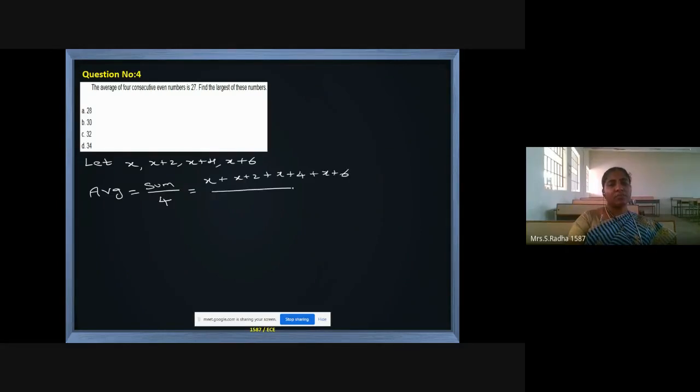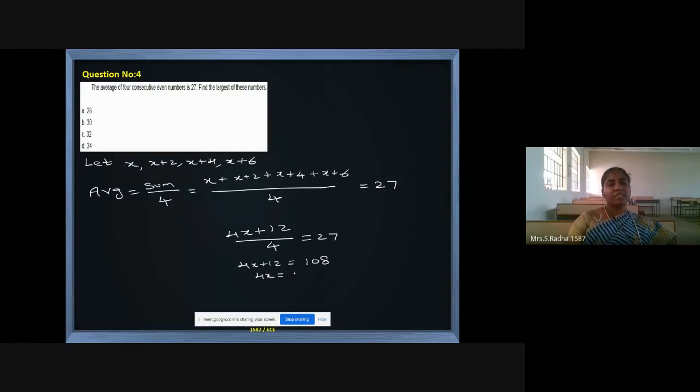The numerator is 4x plus 12, divided by 4, the value is 27. So 4x plus 12 is 27 into 4, which is 108. So 4x is 96, and x is 96 by 4, which is 24.